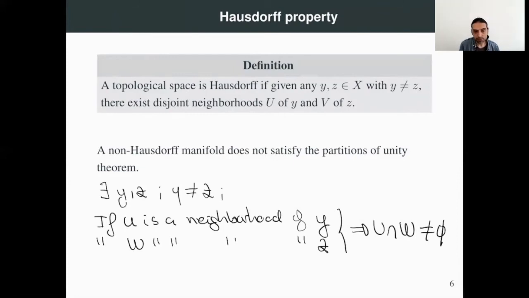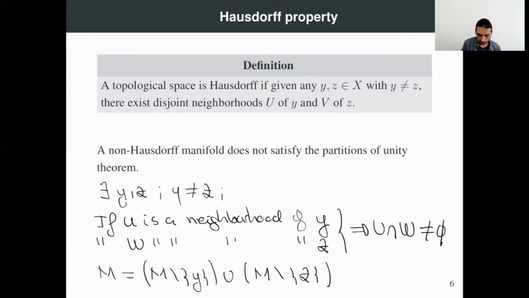But now we are going to consider an open cover of M that contains just 2 open sets, okay? The first open set is going to be M minus Y, and the second one is going to be M minus C. Those 2 sets are open sets, and obviously the union of these 2 open sets is M, right?